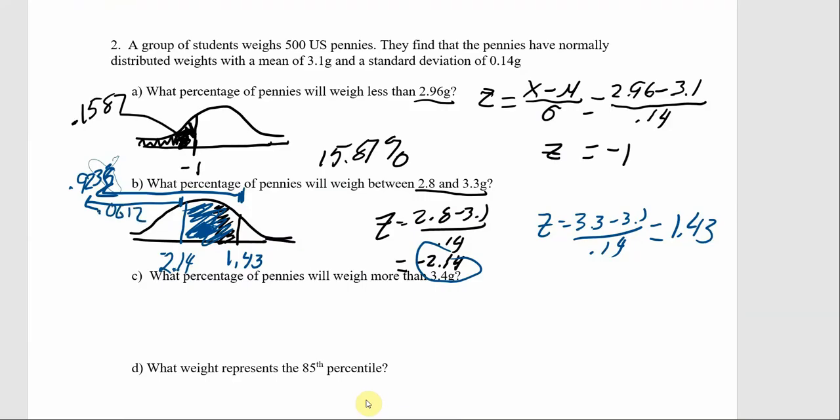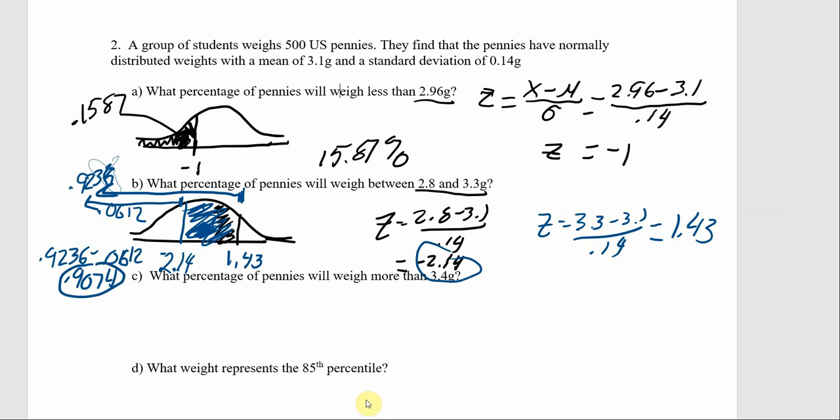To find my answer, I'm going to take 0.9236 and subtract the 0.0162, and that should give me 0.9074. So 90.74% of the pennies will weigh between 2.8 and 3.1 grams.